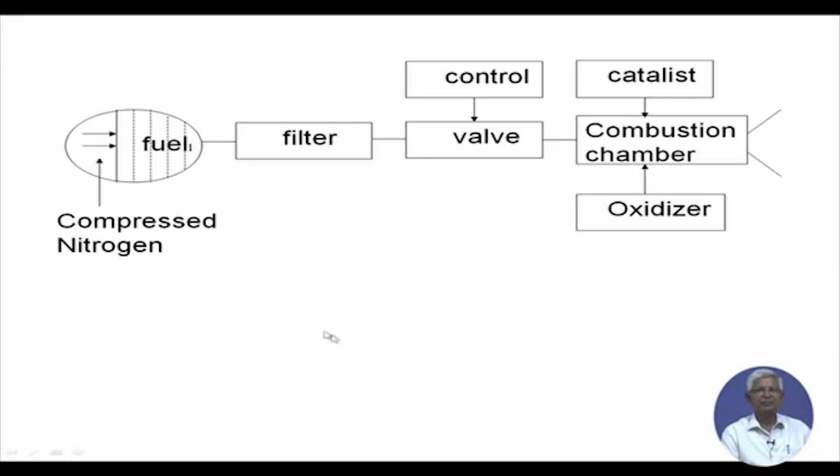Now there is a brief block diagram of that. The fuel is there in a tank and compressed nitrogen is pressing the fuel out, which goes through a filter and then gets into a valve which controls how much fuel has to be expelled, and then there is a combustion chamber where this fuel is mixed with a catalyst and oxidizer and it goes out to the nozzle.